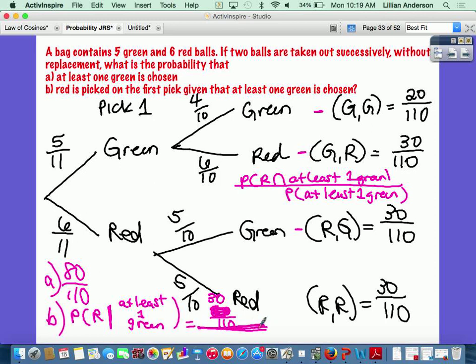All over what? What's the probability you get at least one green? 80 over 110, which you just found in part A. Keep, change, flip. My probability is 30 over 80, which is 3 out of 8.